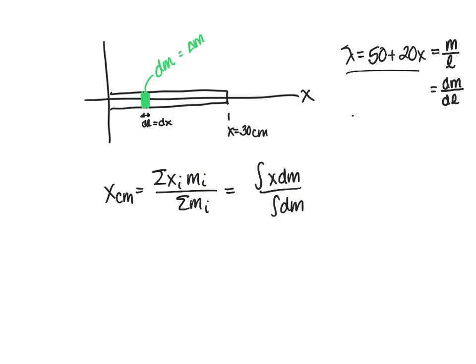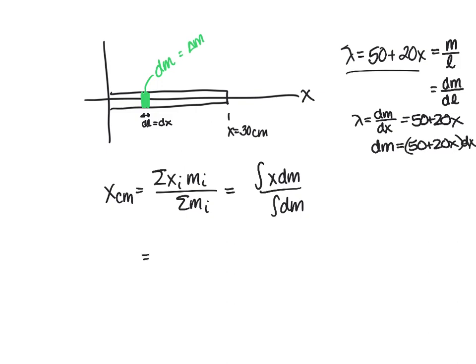If we say lambda is dm over dx, and it's equal to this 50 plus 20x, the way we write dm is as 50 plus 20x times dx.